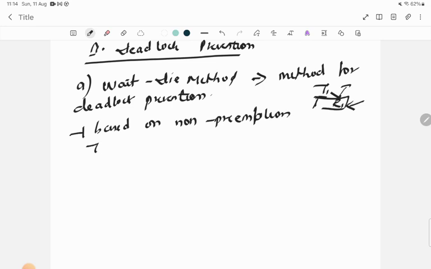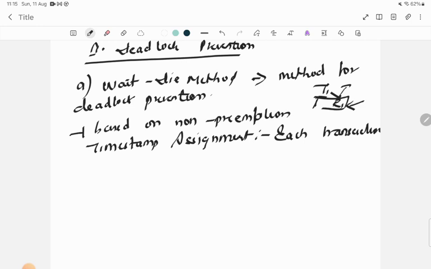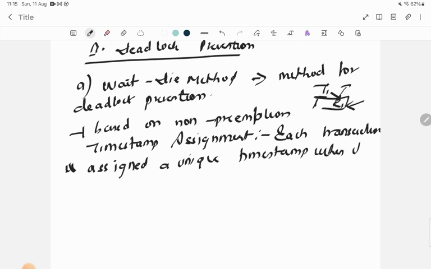First of all, we do the timestamp assignment. So what happens in timestamp assignment? Each transaction is assigned a unique timestamp when it starts.